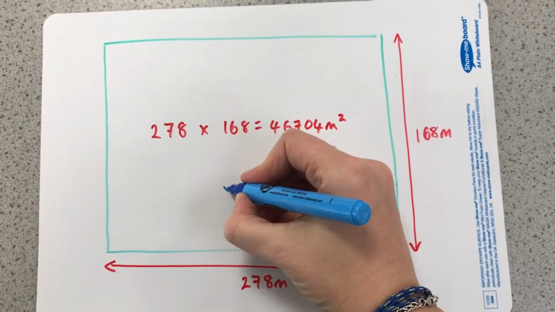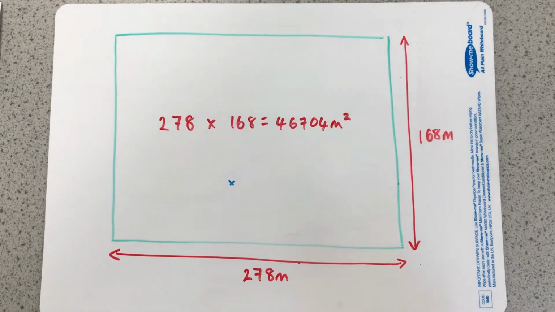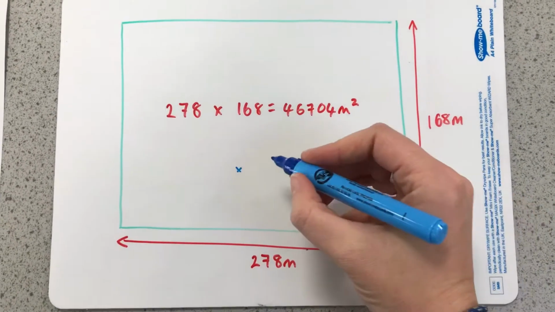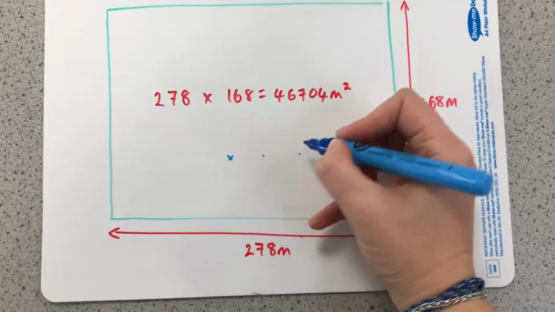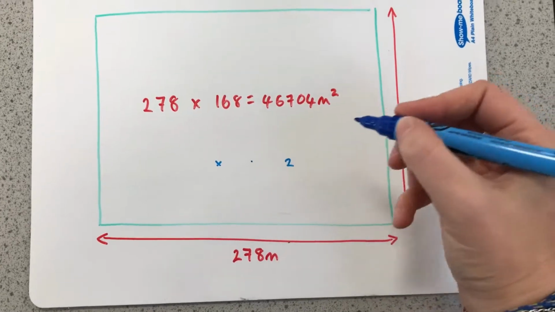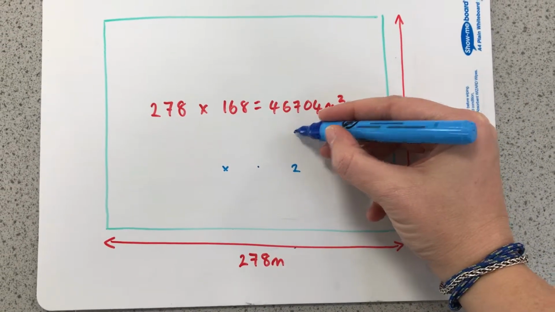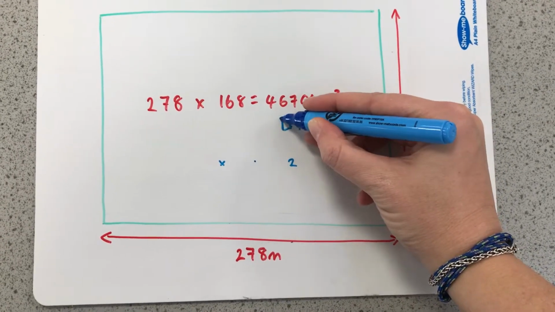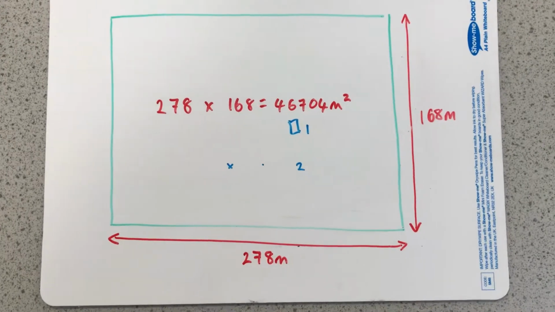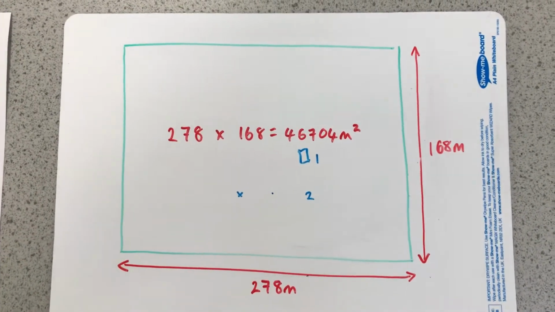Alternatively, I've just walked out to the field and randomly stood in any area, and then I roll a dice, and if the dice rolls a 2, I walk 2 paces and then roll again, and maybe it rolls a 1 and I walk 1 pace, and then I put my quadrat down there. So the dice has decided how far I'm going to walk and where I'm going to put my quadrat down.